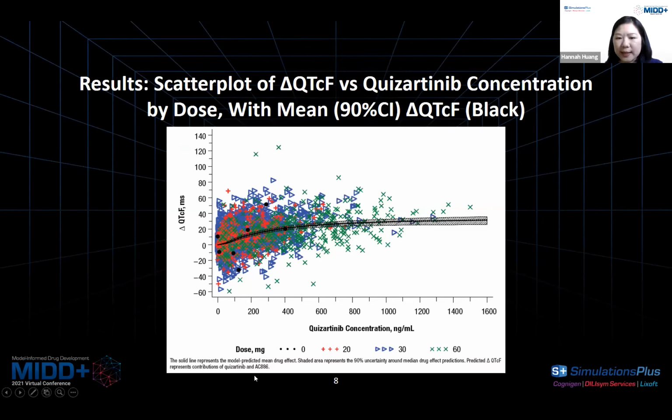The black line and the shaded area going through the middle of the data represent the model predicted mean delta QTcF at 90% confidence interval. As you can see, the model corresponds well with the observed data in describing the trend and the shape of delta QTc increase.